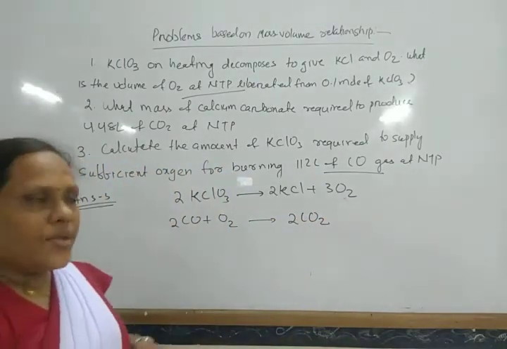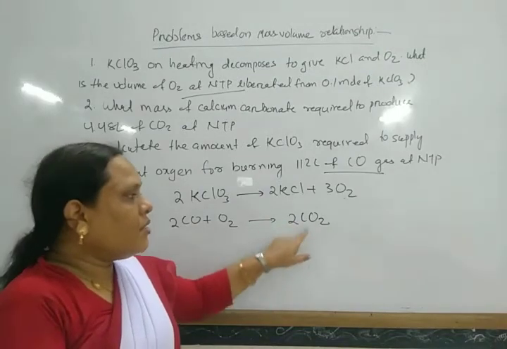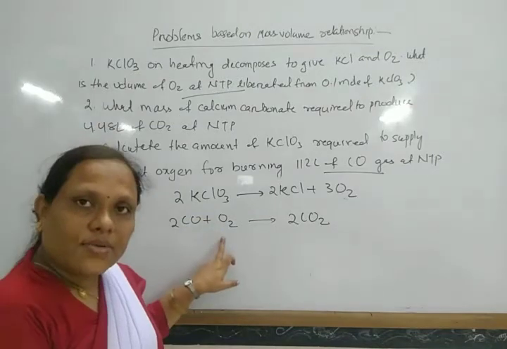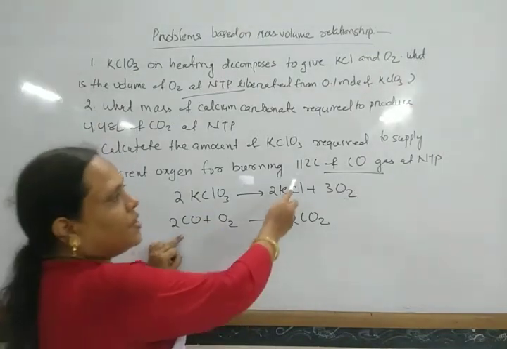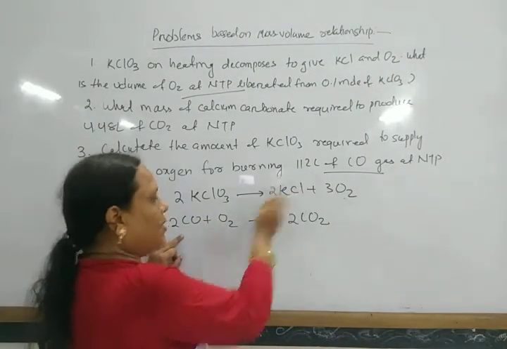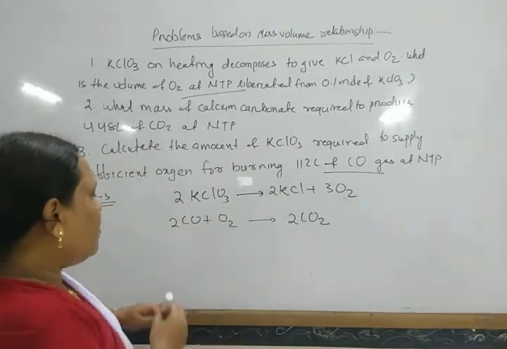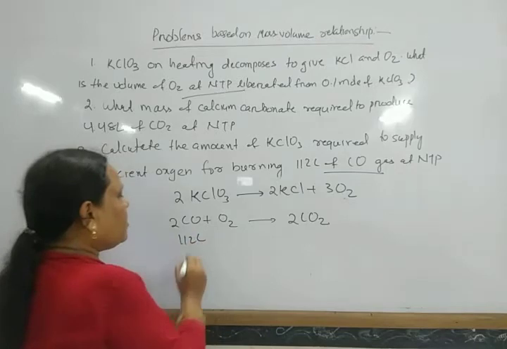So first you can find out the amount of oxygen required for the burning of 112 liter of carbon monoxide.